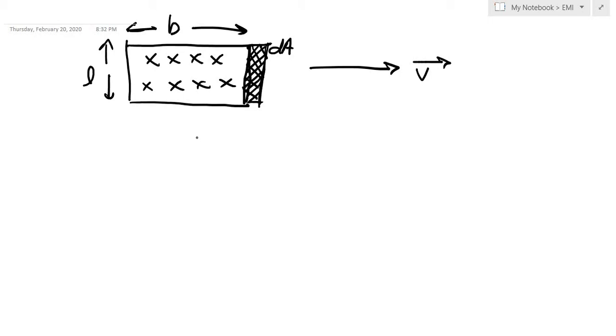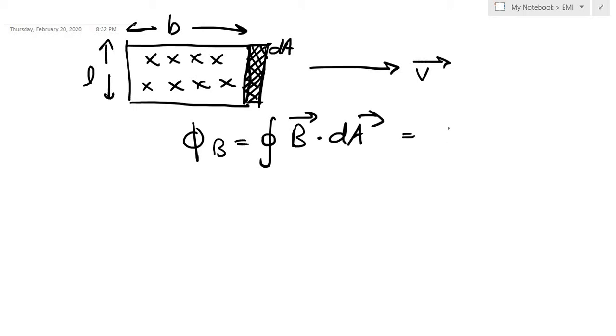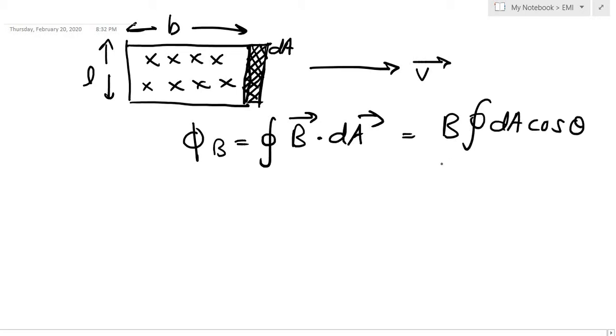And I'll write the formula for calculating magnetic flux. It's basically the closed integral of B dot dA, just like your electric flux. So it's B, then dA, and then cos theta, the angle between them.